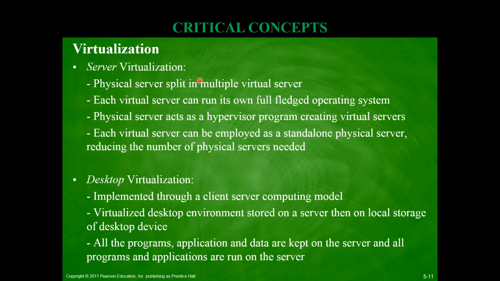Because of that, each virtual server, each partition of that server, can run its own full-fledged operating system. The physical server acts as a hypervisor program creating virtual servers, so it manages all the servers on one machine. And because of that, each virtual server can be employed as a standalone physical server, reducing the number of physical servers needed. So this is more of an economic trend where, thanks to software, one powerful server can be utilized by several organizations.